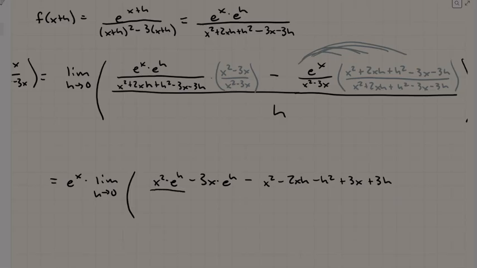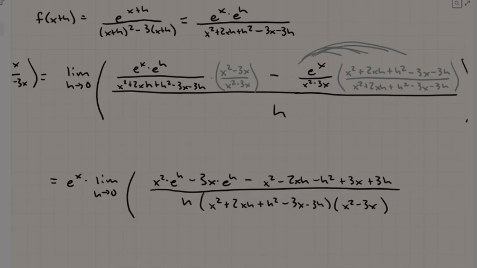Now for the denominator, we can go ahead and combine that h with our denominator, and let's just leave it simply as h. Well, I say simply, relatively simply. x squared plus 2xh plus h squared minus 3x minus 3h times x squared minus 3x.